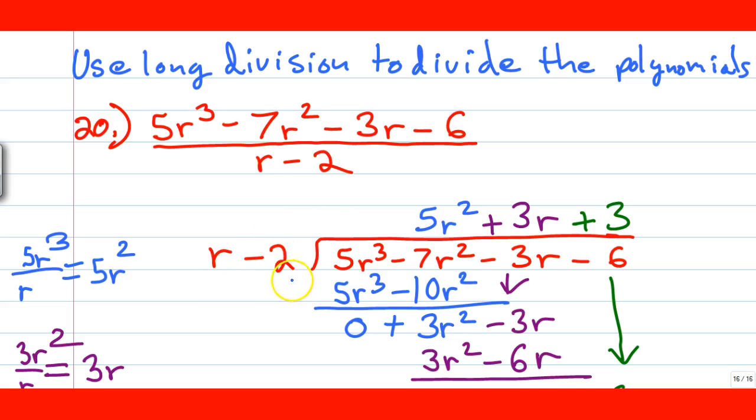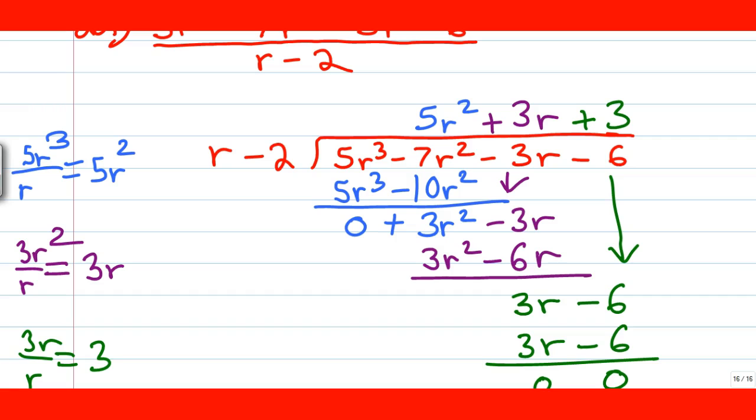The r minus 2 to the outside, it's the one that's dividing, and my polynomial to the inside. Now I need to decide what's going to be my first value that I pull out. Well, I do this by looking at the first value to the inside. In this case, it's the 5r to the 3rd. I'm going to write it over here on the side just a little bit.